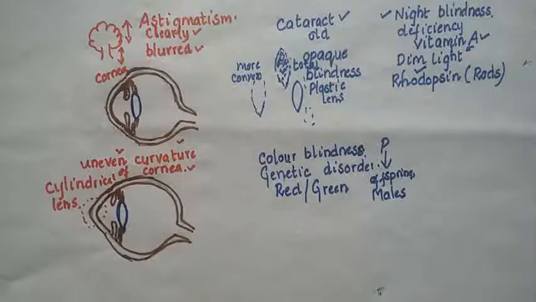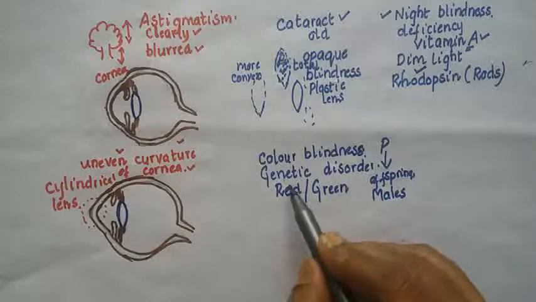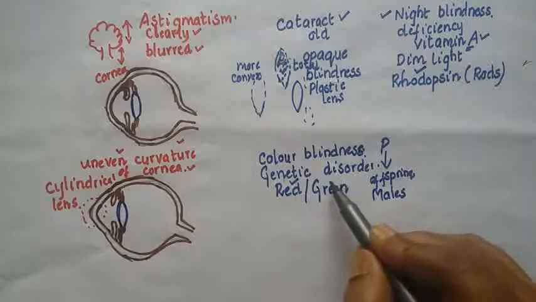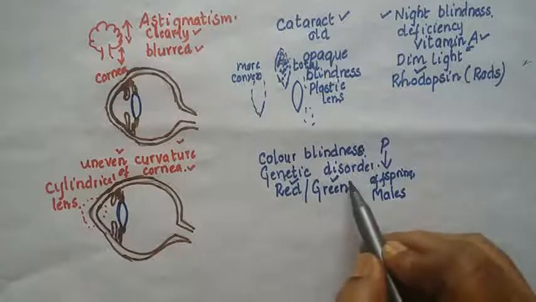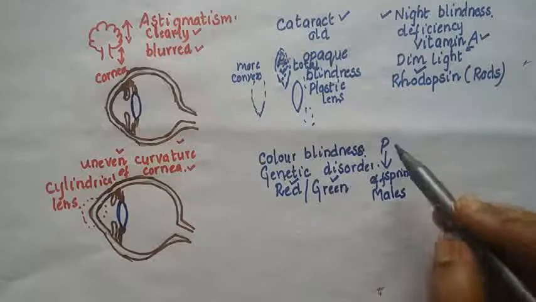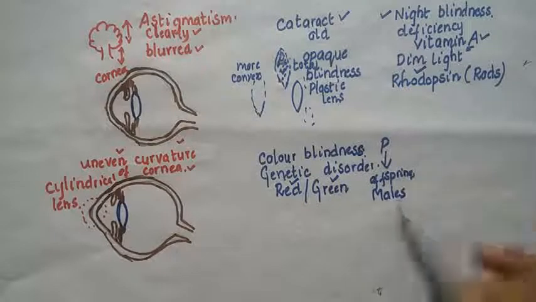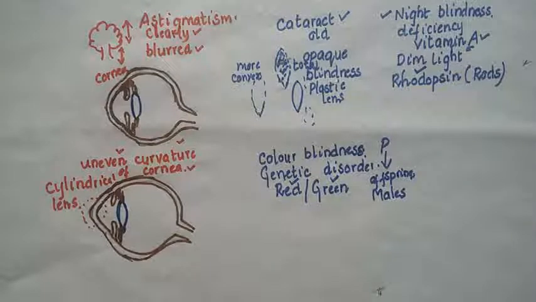It is a defect in which a person cannot identify the two colors, that is, red and green colors, which is a genetic disorder or a genetic defect transmitted from parents to the offspring, which is more among the men, rare in women.